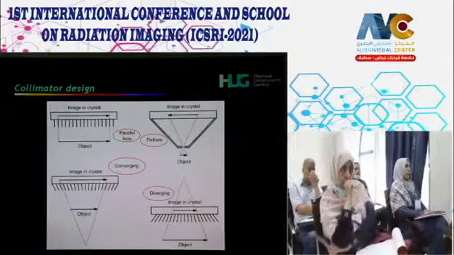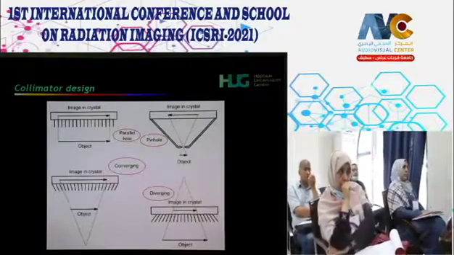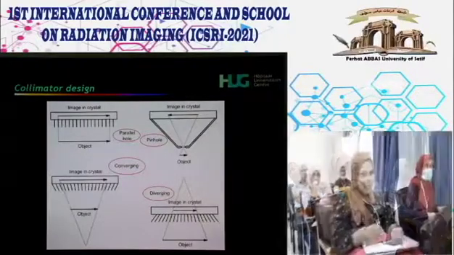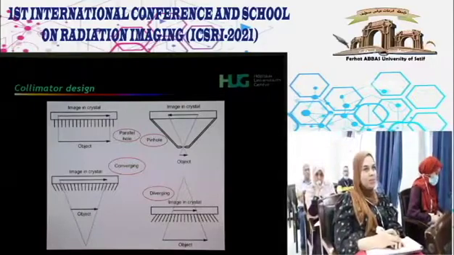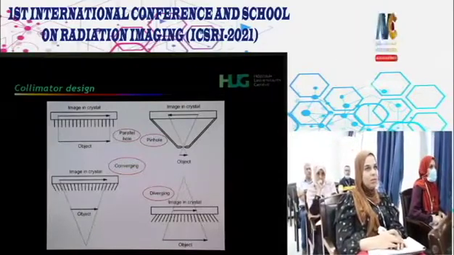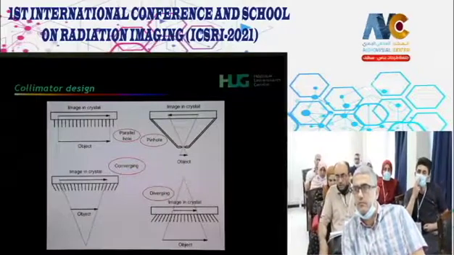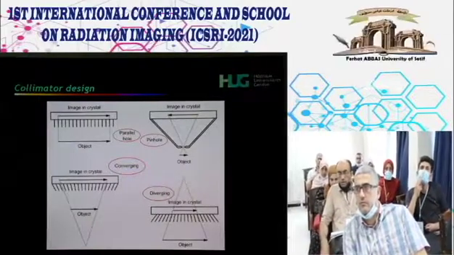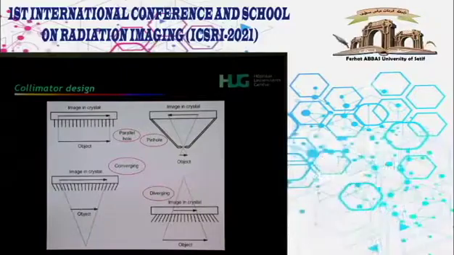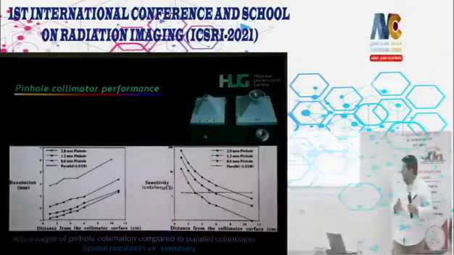So it's used for imaging small organs like the thyroid, and we also use it for pediatric applications, for small babies. You've also got the diverging and converging collimators, used to increase or decrease the size of the field of view. Depending on the application, we use different types of collimators.